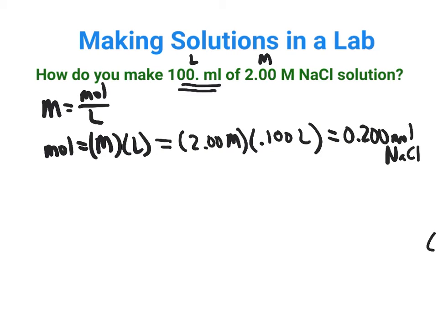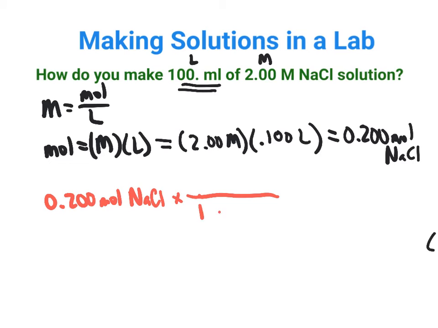And at this point, you're probably going to be stuck. The reason being is we can't, off the top of our heads, go out and measure 0.200 moles of sodium chloride. But what we can do is we can measure all of this in grams. So we have to use our stoichiometry and go to step 2, which is we have to take our 0.200 moles of sodium chloride and we have to multiply it by the molar mass.